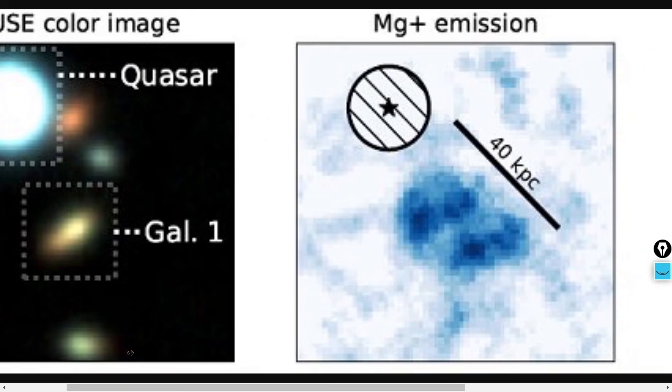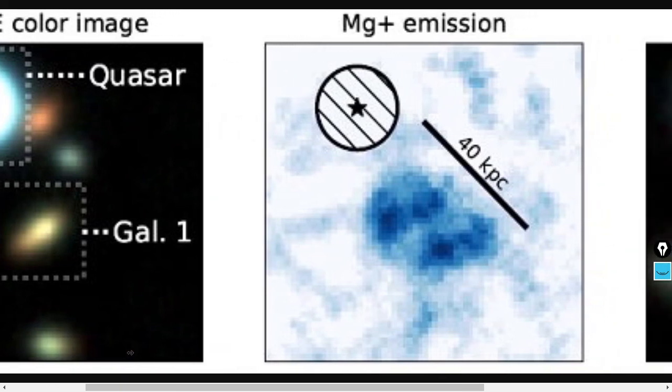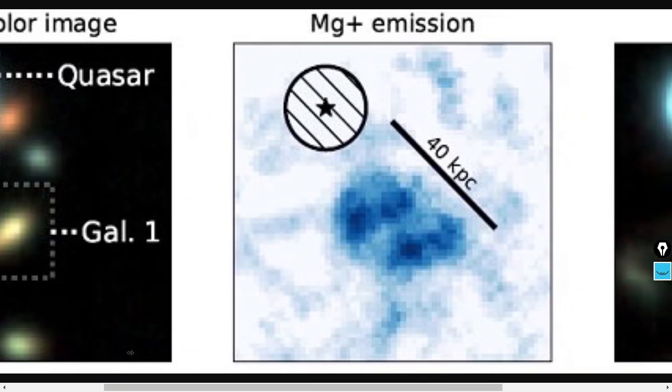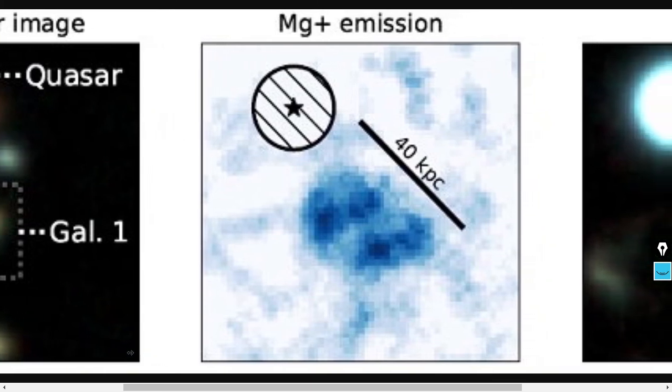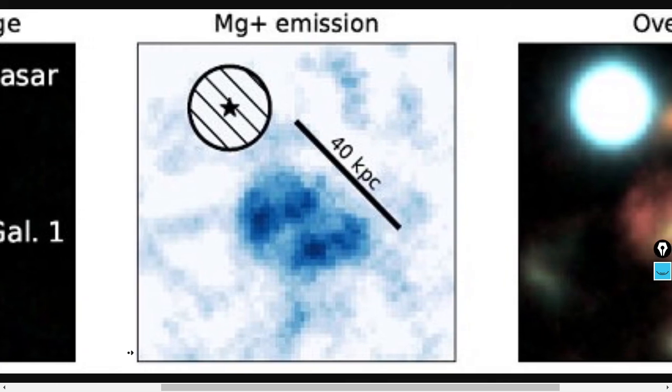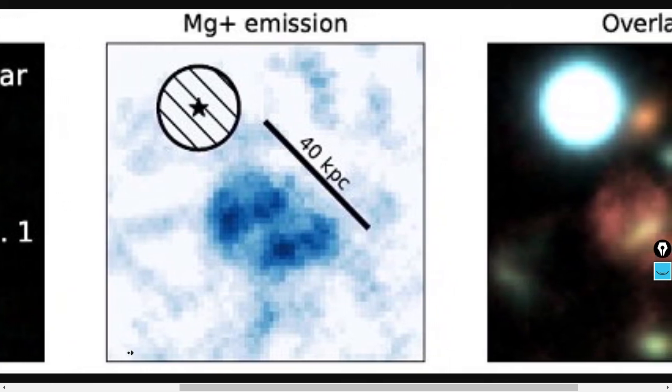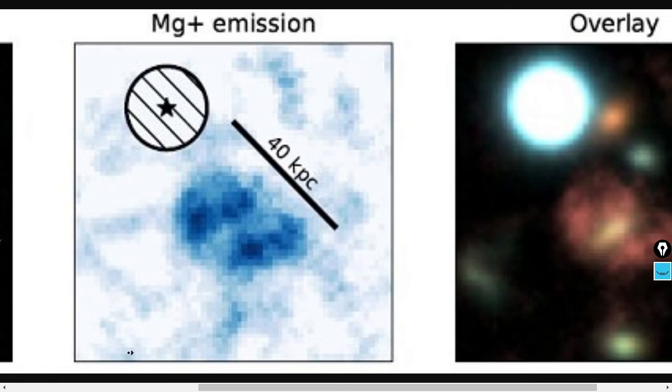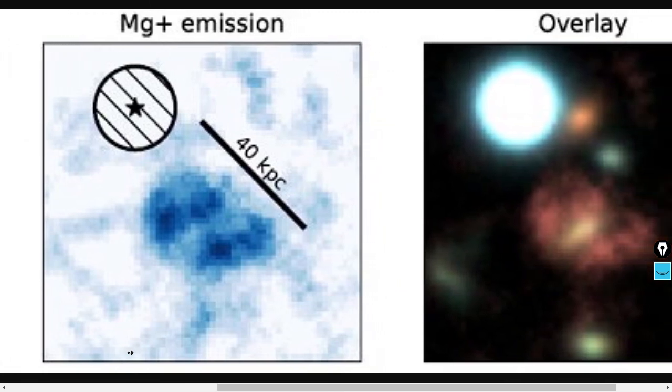It's a fairly small series of images. So great imagery there of the quasar, the emission spectra of the ionized magnesium, and then this great overlay image.